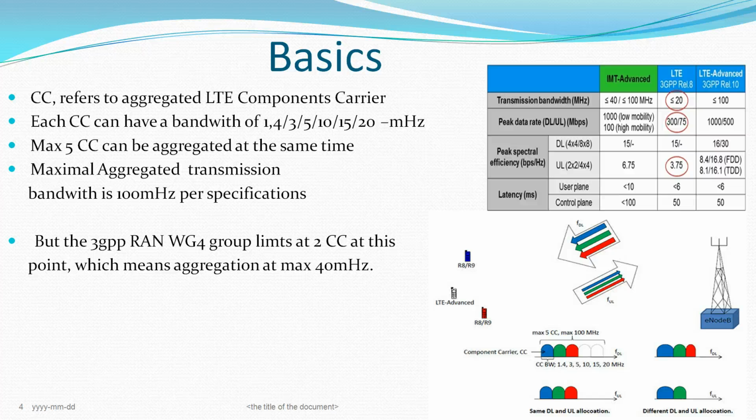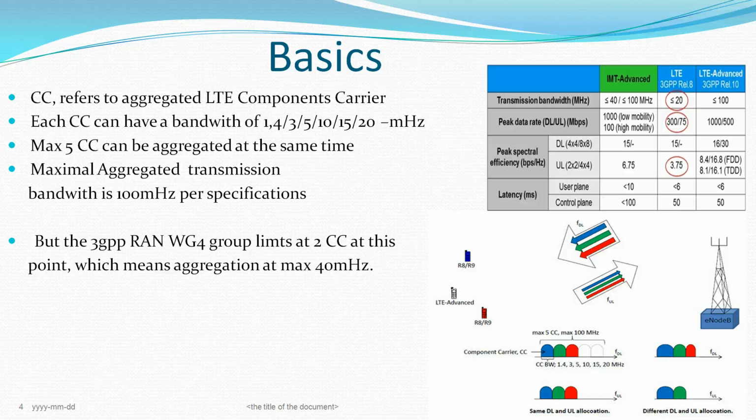Per specification, you can aggregate 5 component carriers at the same time, which means you can have an aggregated transmission bandwidth of a maximum of 100 megahertz. But the 3GPP RAN working group limits it to 2 to 3 carrier aggregation at this point, which means you can aggregate up to 40 or 60 megahertz.